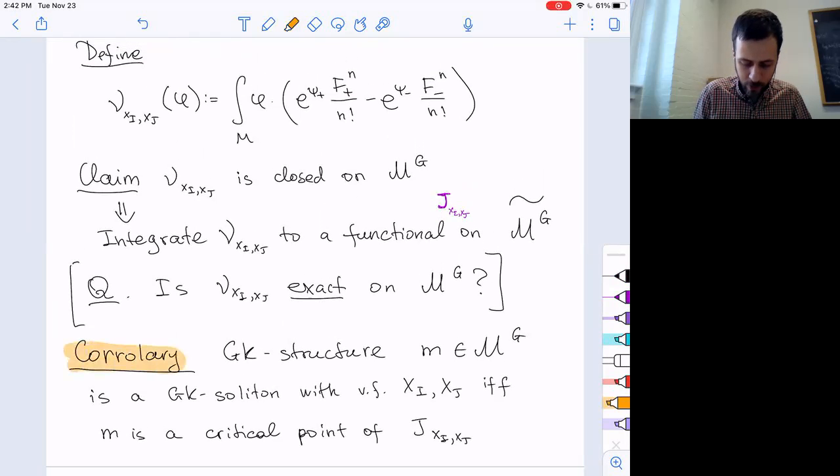So that's what I would call a variational interpretation of the soliton equation. And by generalized scalar soliton, I mean gradient steady generalized scalar soliton. So now let's see why it's true.